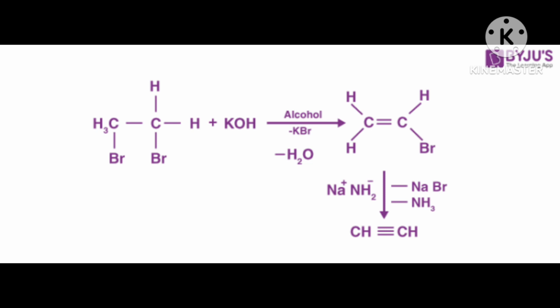This is on an industrial scale, in large quantity. Ethine is prepared by treating calcium carbide with water. Calcium carbide is just like a stone, and when you put water, acetylene gas will come, and this acetylene gas will burn. If you put fire, it will begin to burn.